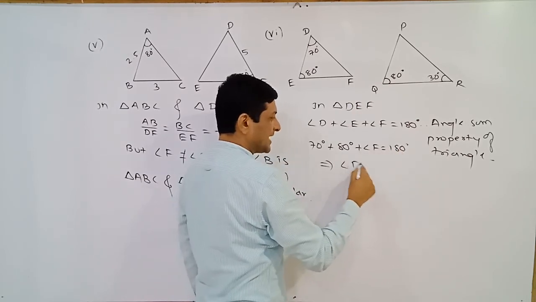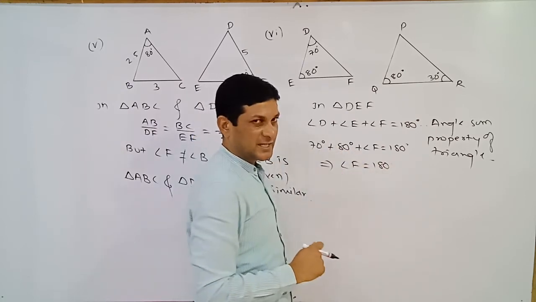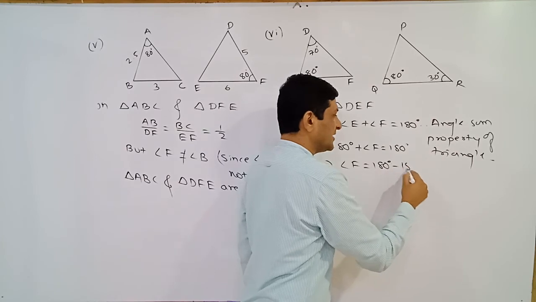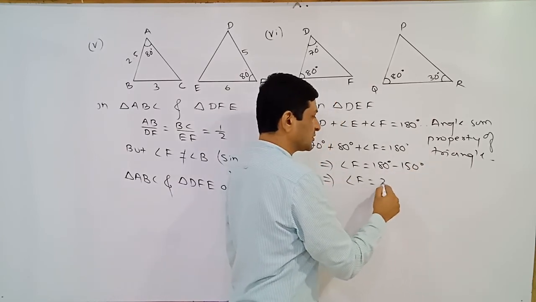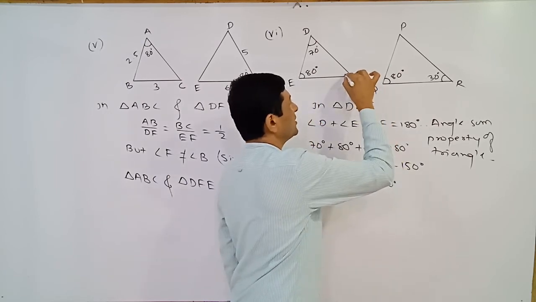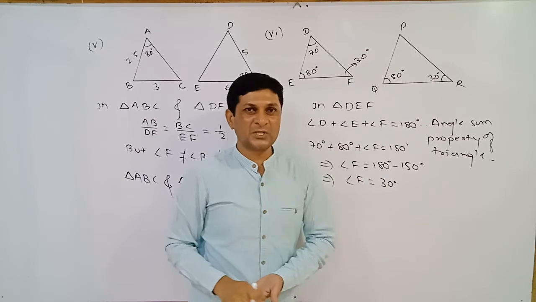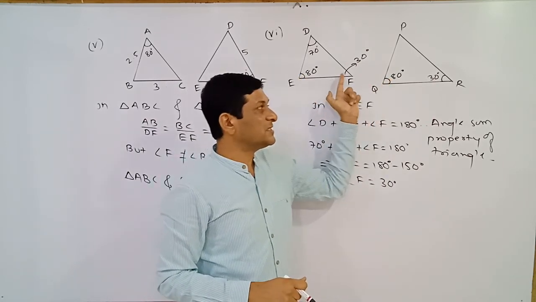This implies that angle F is equal to 180 degrees minus the addition of these two angles, which is 150. So 150 on this side will become minus 150 degrees. So this implies that angle F will be equal to what? 30 degrees. In this way we have shown that this angle is 30 degrees. Now if you observe these two triangles, angle E is equal to angle Q and F is equal to what?